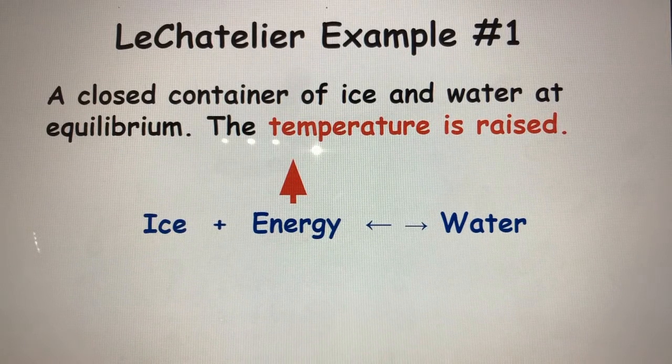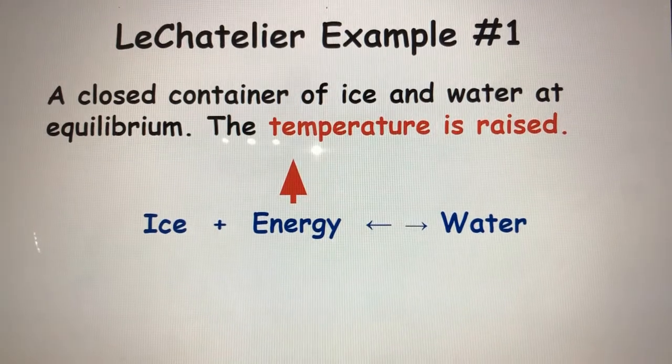Something is going to have to take place in order to bring this equation back into equilibrium, where the rate of the forward reaction and the rate of the reverse reaction are equal to each other again. Because this stress is going to throw them out of equilibrium, the rates at which the forward and reverse reactions happen will not be the same. So what is going to happen in order to bring this back into equilibrium?